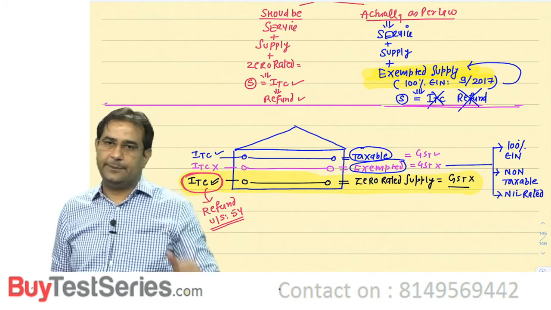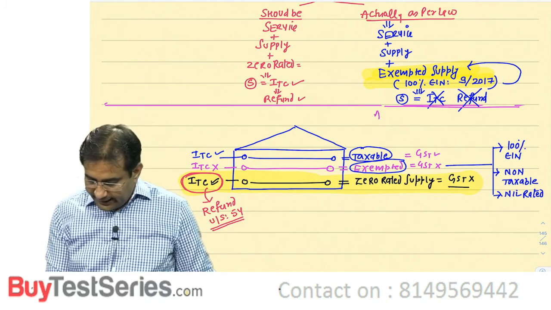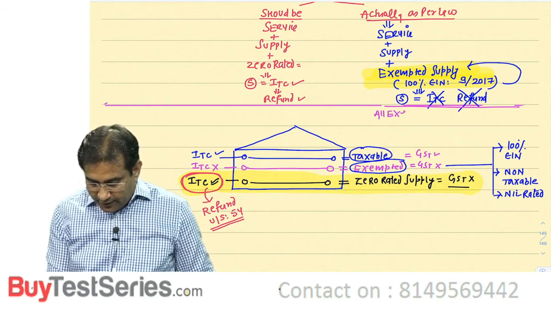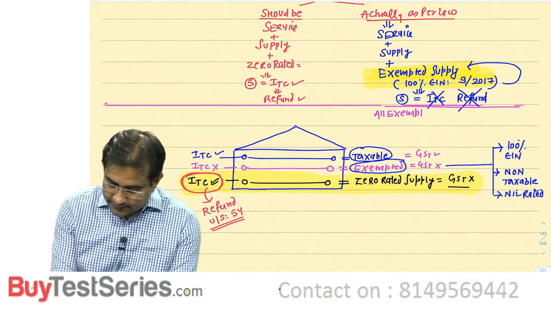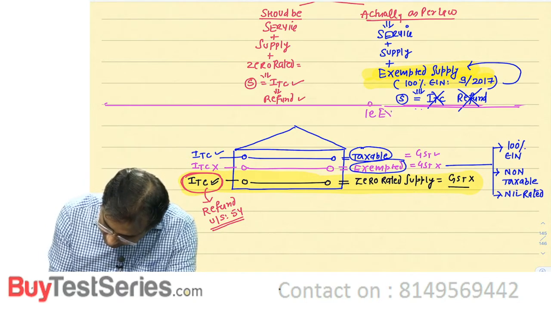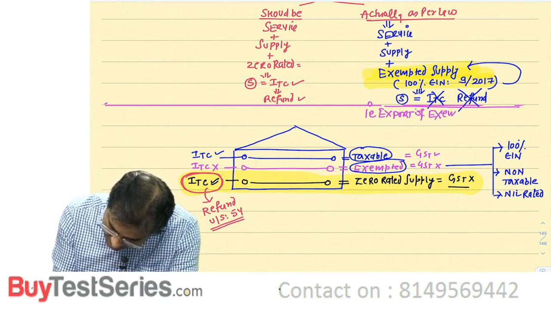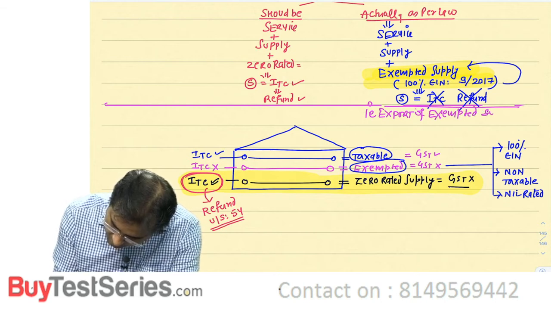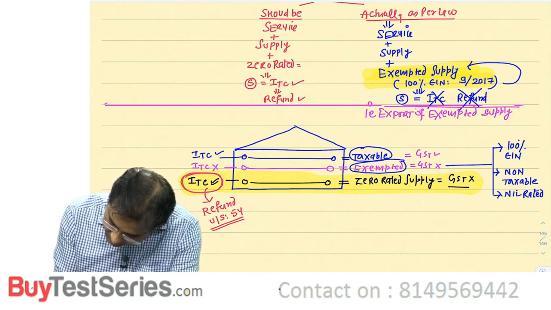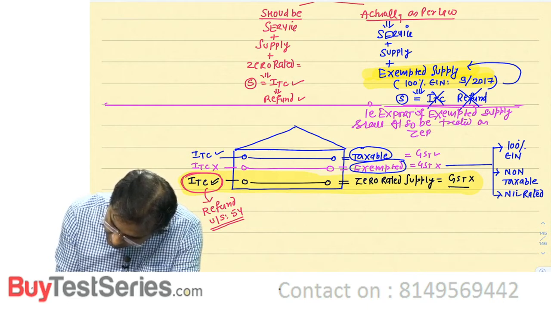In the refund chapter, the explanation said that export of exempted supply shall also be treated as zero rated.